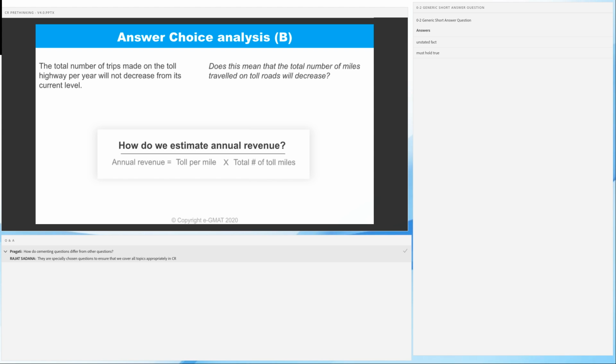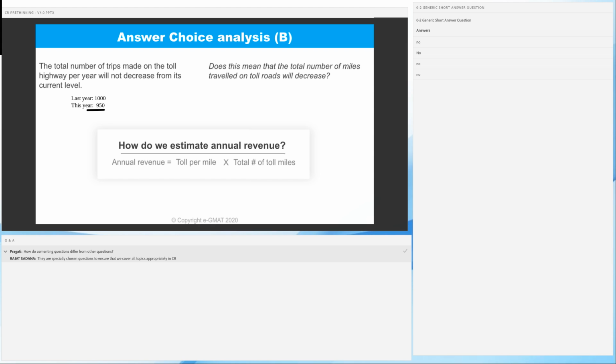Now, if the number of trips goes down, let's say last year we had 1,000 trips, and this year we have 950. Does it mean that the total number of miles traveled on the toll highway will go down if this year we have 950? Does it mean that?